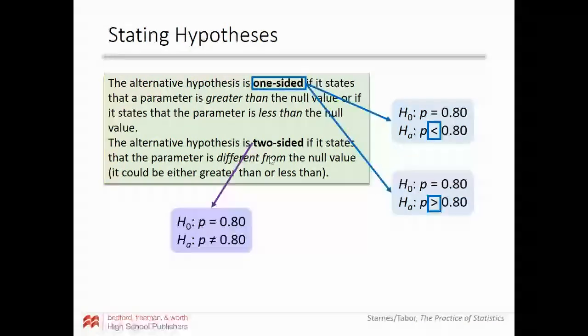And if we think it's two-sided, so we don't really care if it was greater than or less than 80, we just think that 80 is an incorrect estimate, then we would use a two-sided test. And we show these by less than, greater than, or not equal to symbols.